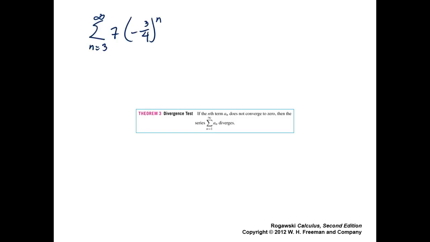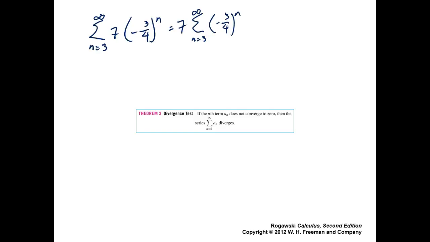That's just the c there. I would do 7 times the summation n equals 3 to infinity of negative 3/4 to the nth power. To me, that's far easier to work with than carrying every 7 in every term.